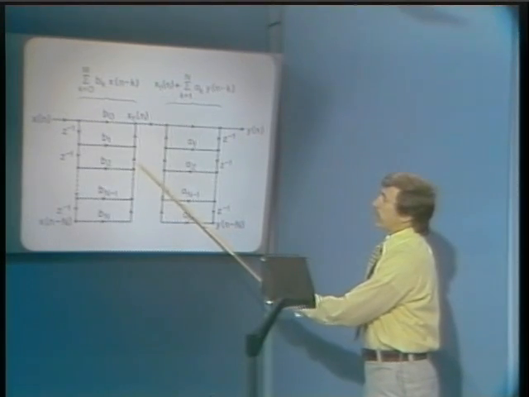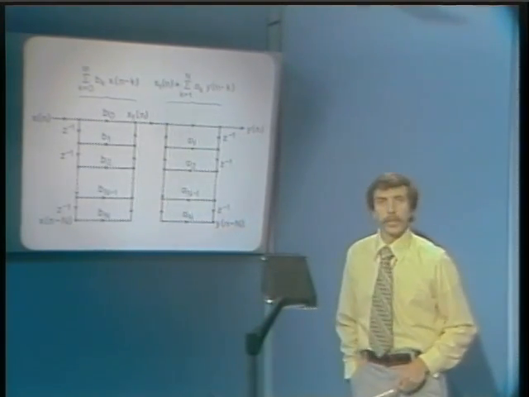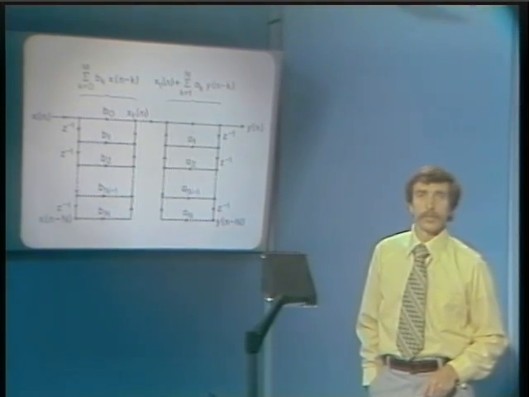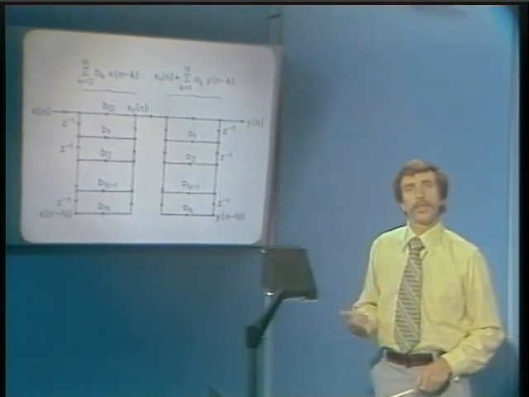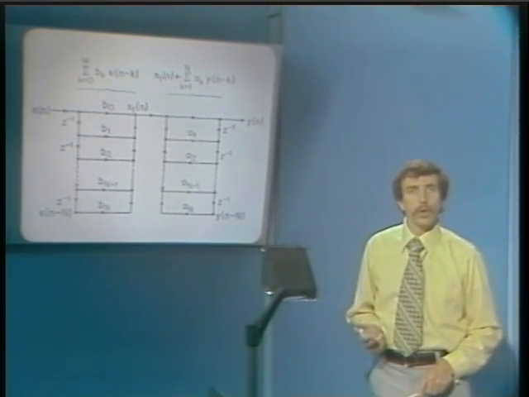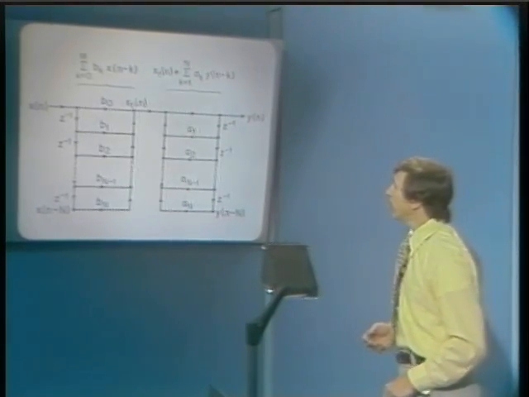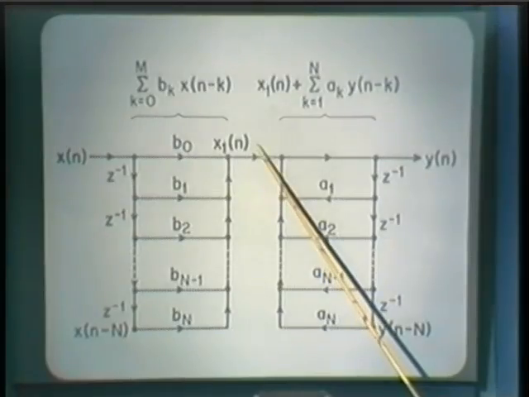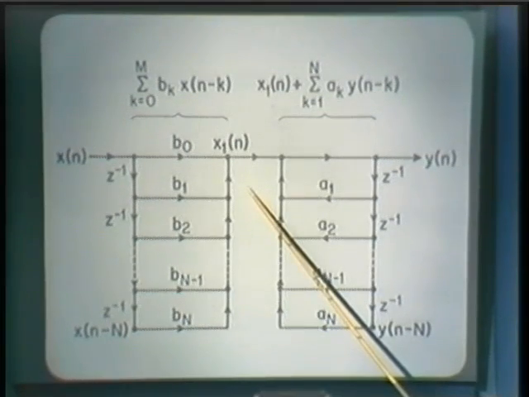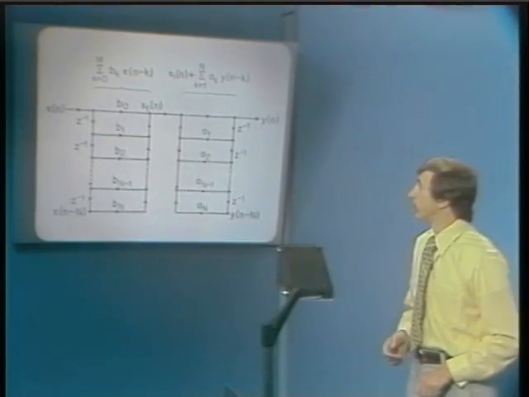We recognize this as two systems in cascade. They both implement linear shift invariant systems, and we know that two linear shift invariant systems in cascade can be cascaded in either order without affecting the overall transfer function of the system. So we can imagine just simply breaking the system at this point, interchanging the order in which these two systems are cascaded, and obviously what that leads to is a second implementation of the same difference equation.